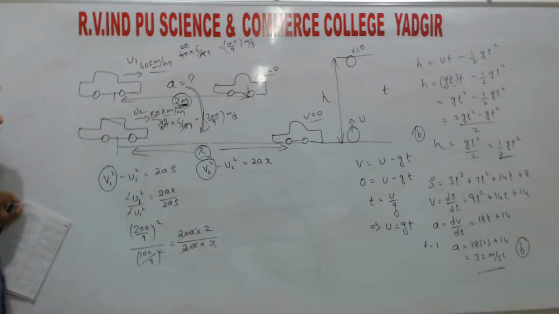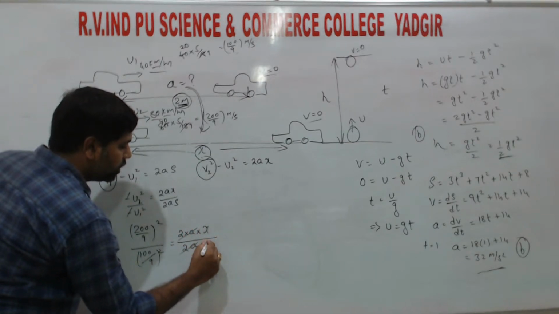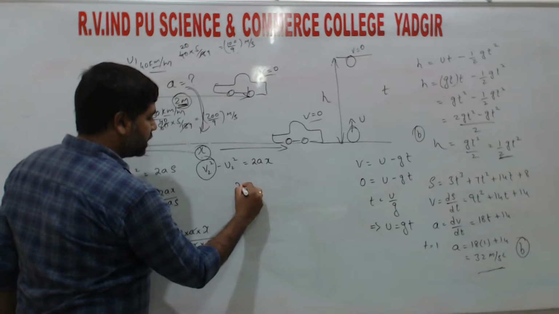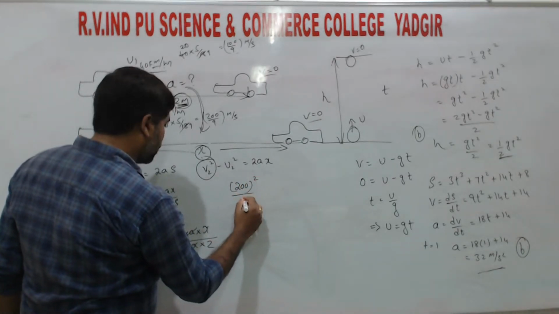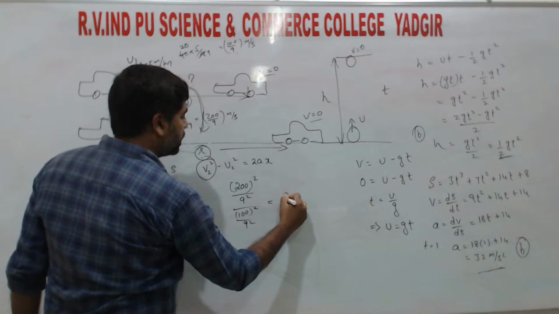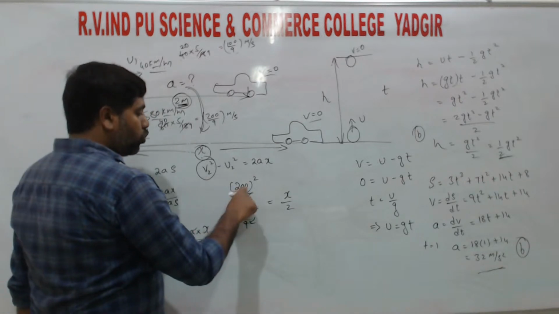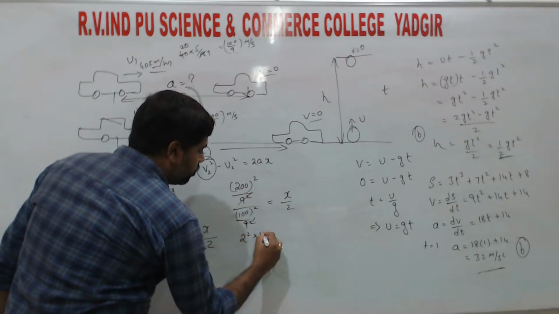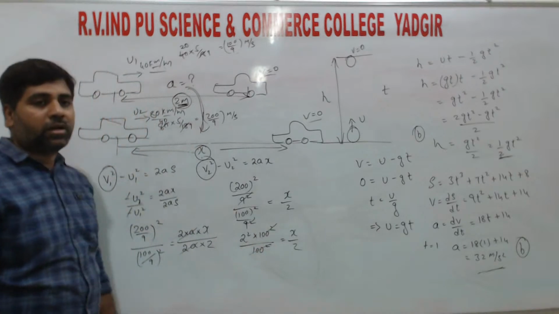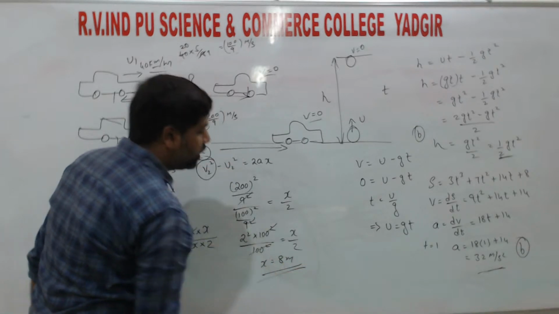So 2a and 2a get cancelled, and x is in the numerator. To simplify, try it in general form: 200 square by 9 square, and 100 square by 9 square. The 9 square gets cancelled, right? So 2 square into 100 square divided by 100 square is x by 2. So 100 square gets cancelled, so 2 square is 4, and 4 into 2 is 8. That is, x is equal to 8 meters, right?